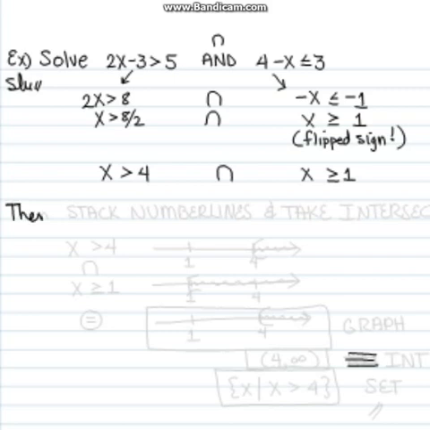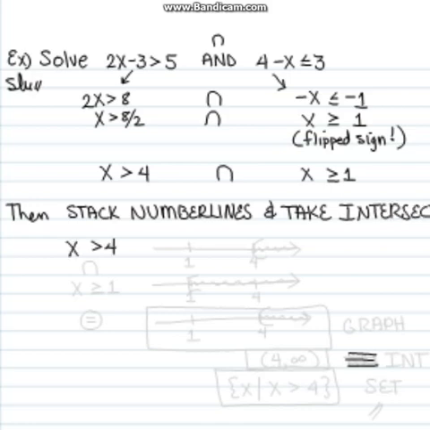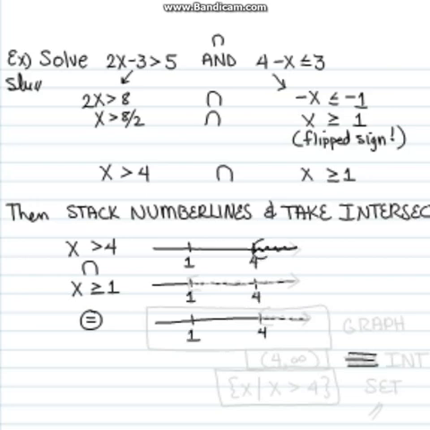Then, stacking the number lines, the intersection is going to be: take x greater than 4, intersected with x greater than or equal to 1, and it will equal whatever we draw on the bottom number line. Now, the two important numbers here are going to be 4 and 1. So let's mark the 1 and the 4. Line them up very precisely on top of one another.